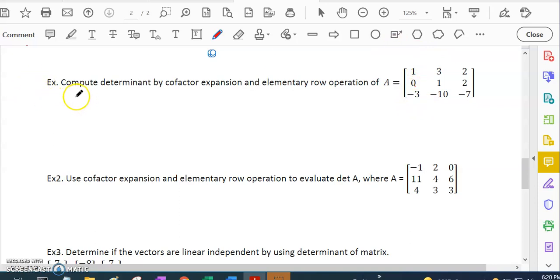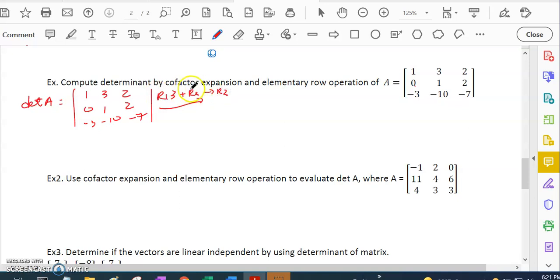So I think I'm going to do the determinant of A would equal to the determinant of getting rid of a 0 by elementary row operation, doing row 1 times 3 plus row 3, put back to row 3.